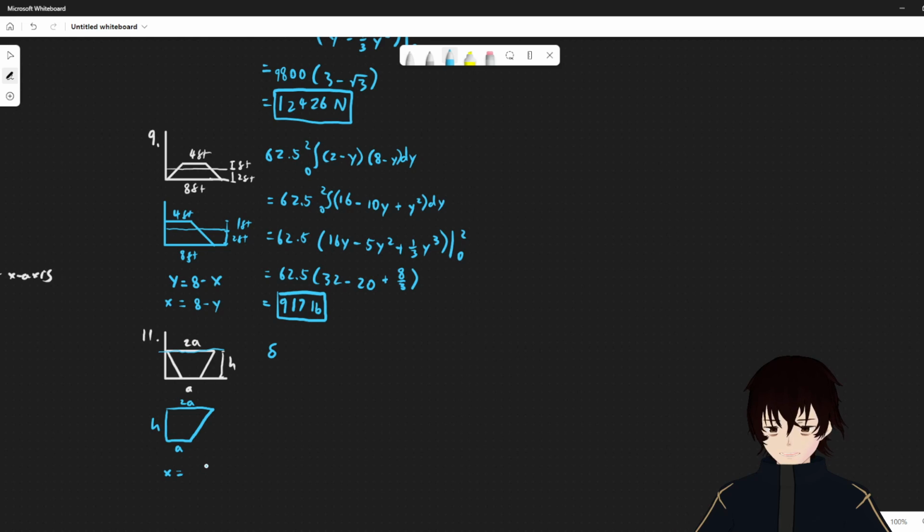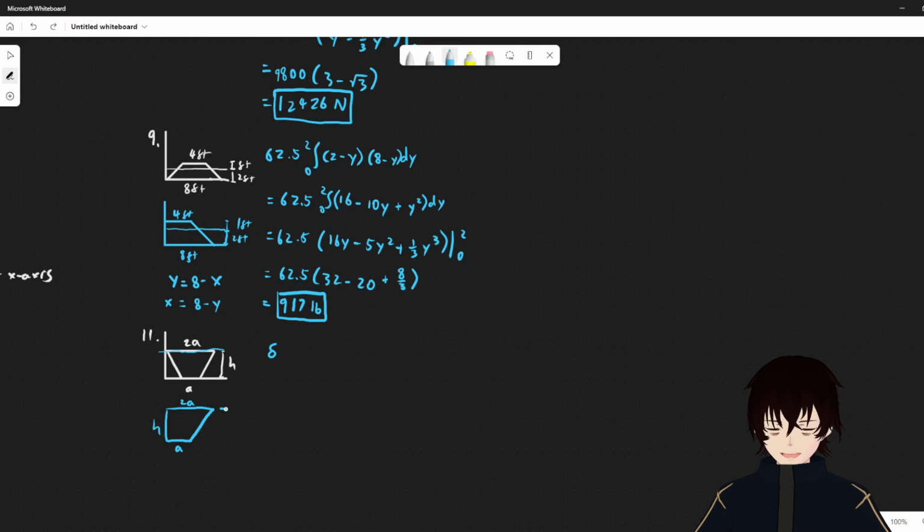This is H. So let me graph this a different way. Y is equal to X minus A. Wait.